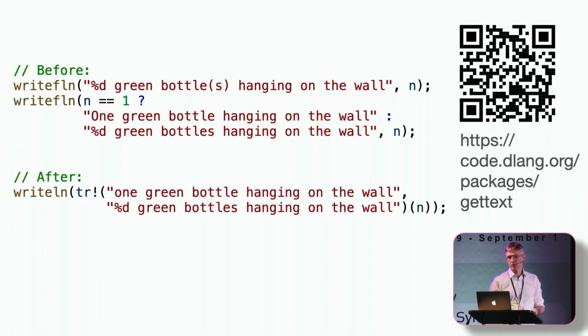Using this package, what you do is that you supply the English singular and plural forms as the first and second compile time argument to tr, and the number as a runtime argument. Here gettext will substitute %d with n, so the translated string has no placeholders. Hence the write f line can be changed into a write line.